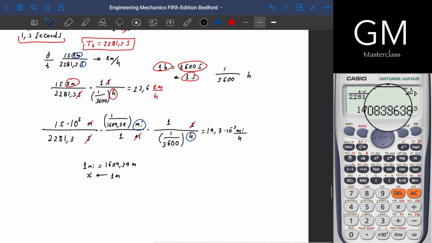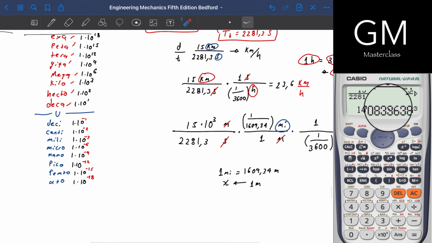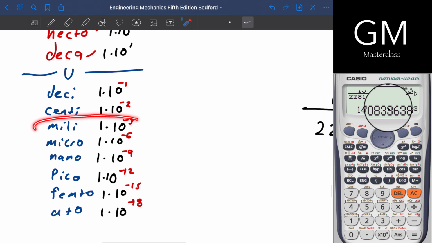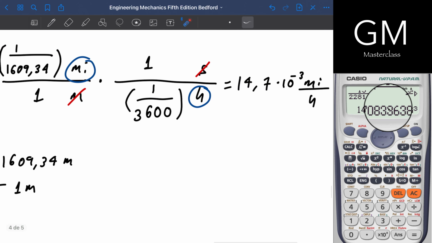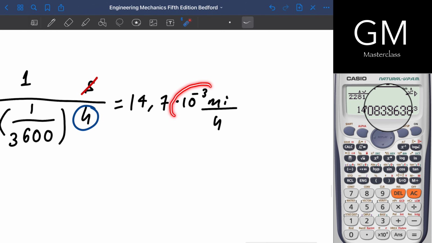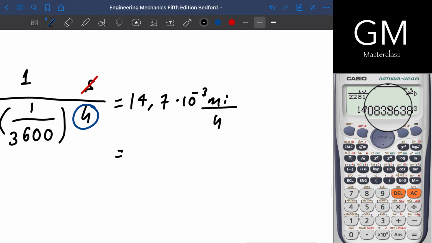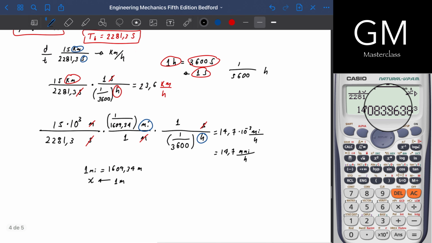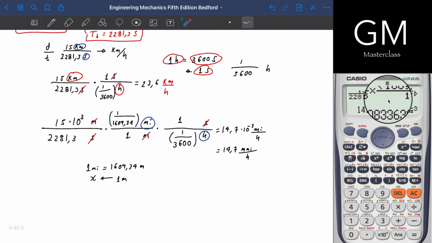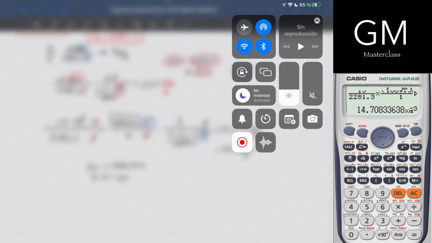And I'm going to use the same chart that I write here, and know that milli is equal to 1 times 10 to the minus third power, which is the same thing that we have here. So I could write the result as 14.7 millimiles per hour. And that's how this exercise could be solved.